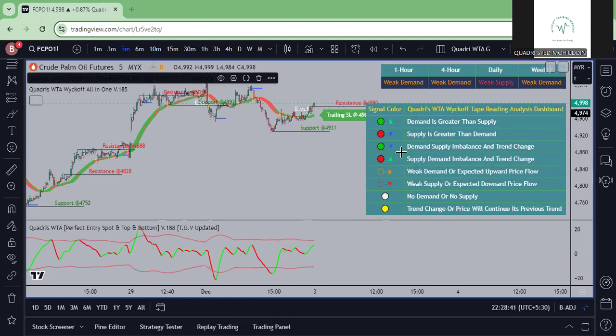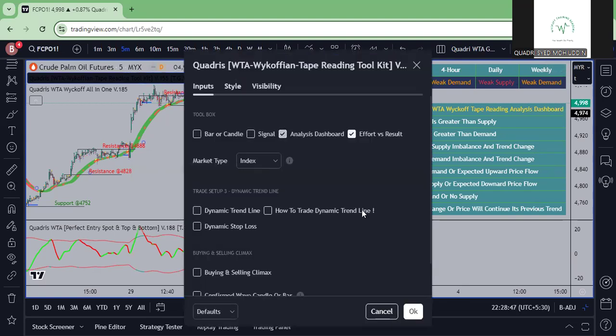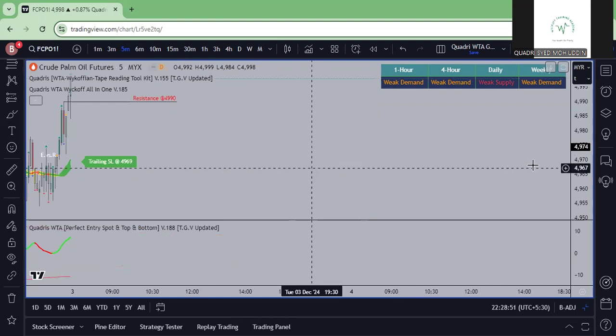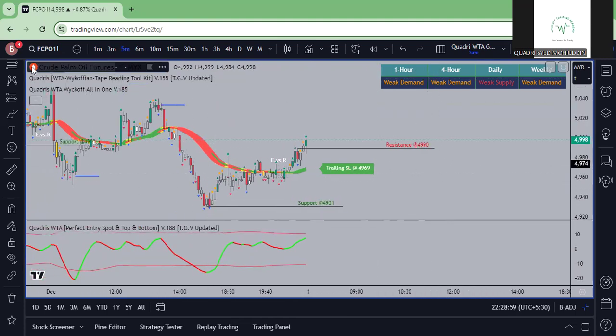This is the dashboard, which is a part of version 155. The reason I'm using a 5 minute chart is to prove the point that if my system works on 5 minutes, then automatically and gradually it will work on higher time frames. So here, we've got a top bottom formation.